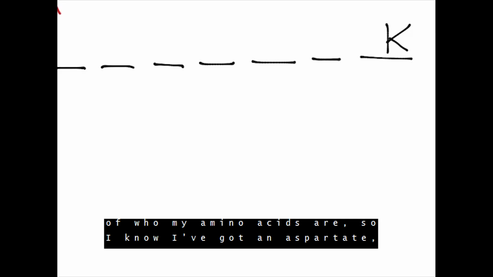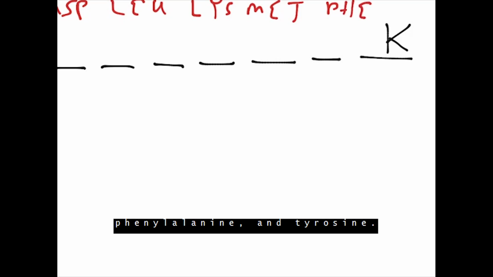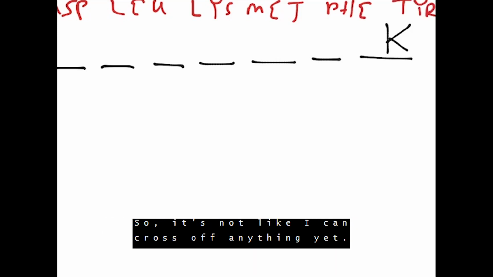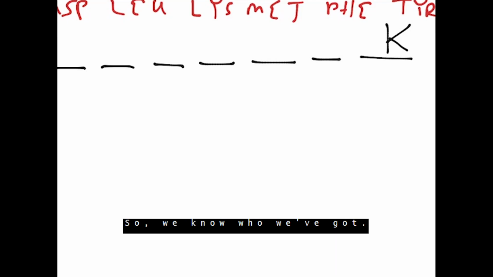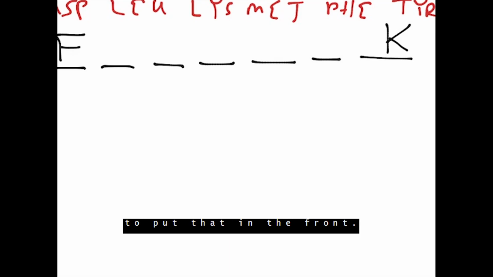So I know I've got an aspartate, I've got a leucine, I've got a lysine, a methionine, phenylalanine, and tyrosine. And one of these is a double, so it's not like I can cross off anything yet, so we know who we've got. So trypsin had no effect, lysine on the end. We know that the N-terminus was phenylalanine, so I'm going to put that in the front.